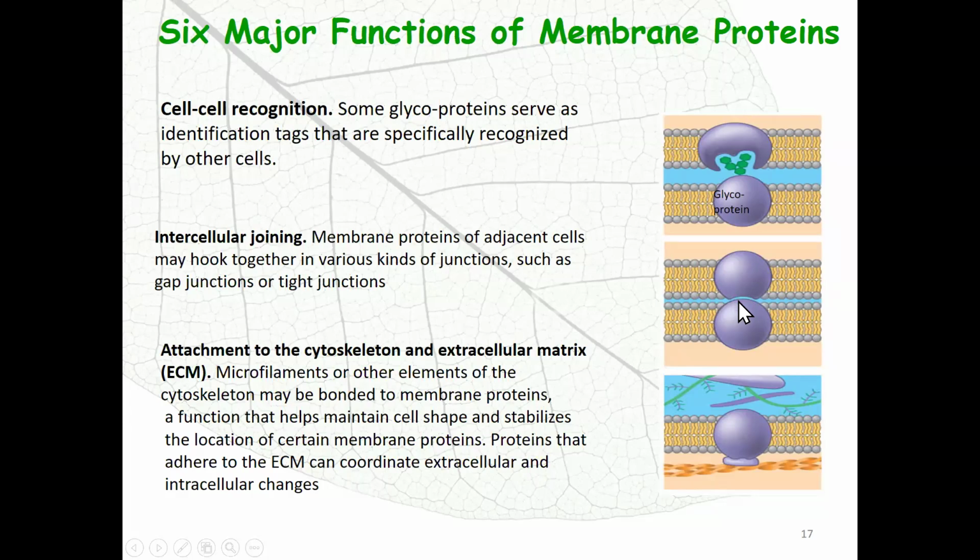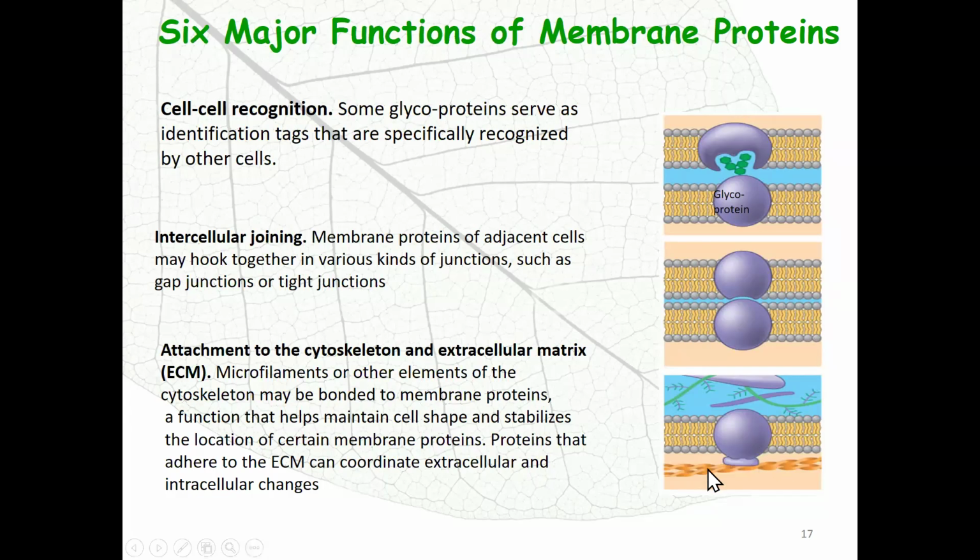For example, when we make a building, one brick connects with another brick by using cement. Similarly, here some junction proteins and other small proteins, or cementing materials, allow one cell to connect with the neighboring adjacent cell.